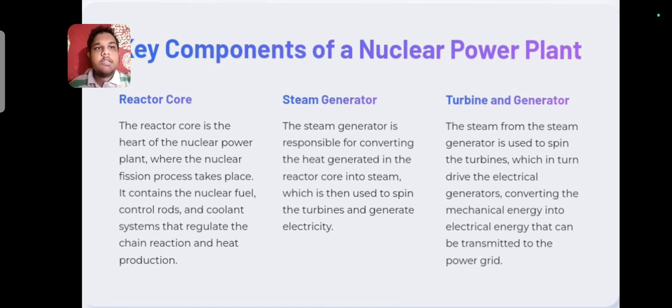The steam generator is responsible for converting the heat generated in the reactor core into steam, which is then used to spin the turbines and generate electricity. Turbine and generator. The steam from the steam generator is used to spin the turbines, which in turn drive the electrical generators, converting the mechanical energy into electrical energy that can be transmitted to the power grid.